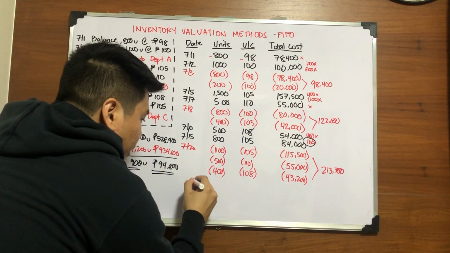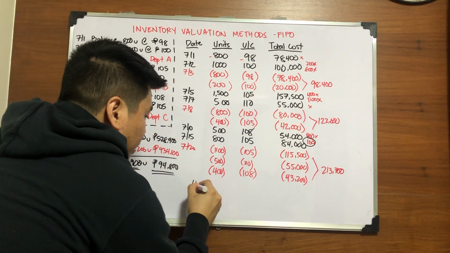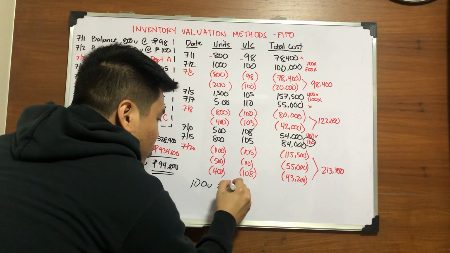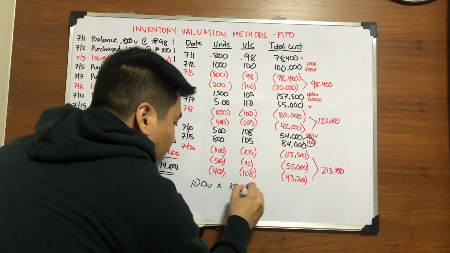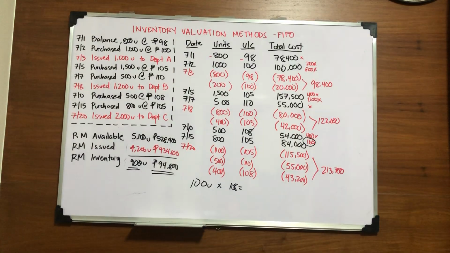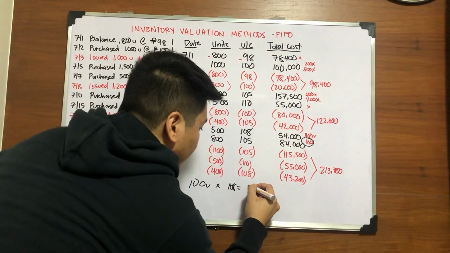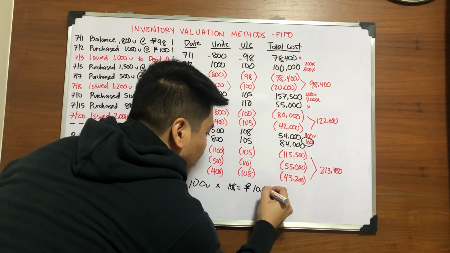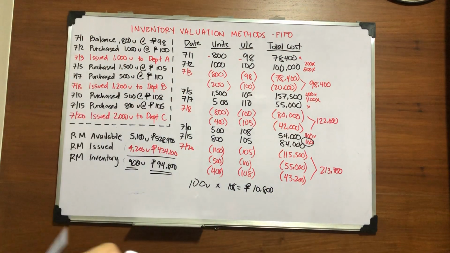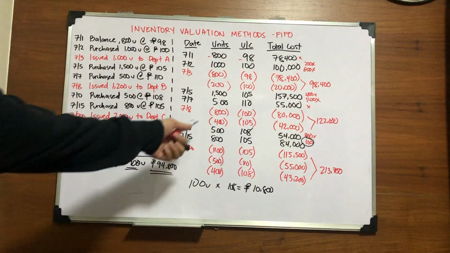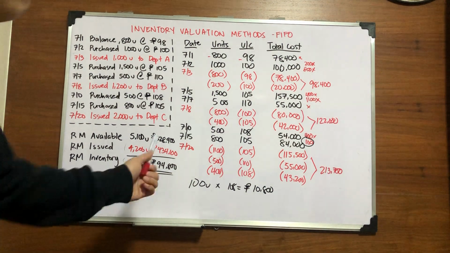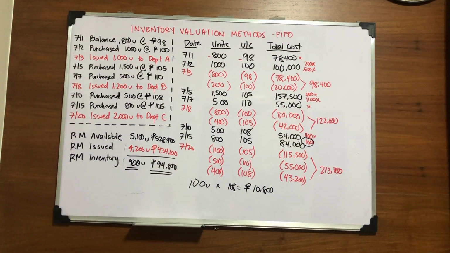So we put it here. 100 units times 108 would give you 10,800. Okay? So that is your raw materials inventory for this transaction. And you still have an unused raw material from your July 15 transaction.